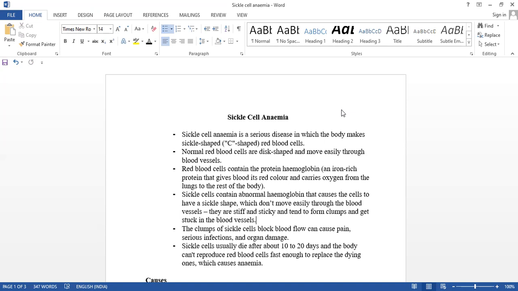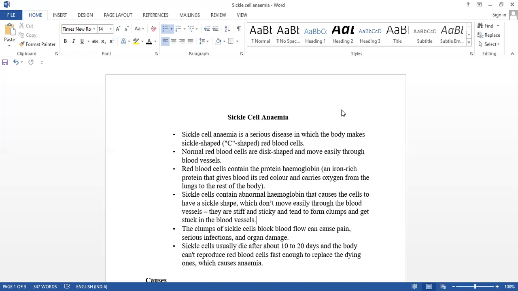The red blood cells contain what? Hemoglobin. Hemoglobin is an iron-rich protein. That's why it gives the red color to the blood. What is the role of the hemoglobin? It carries the oxygen and supplies it to the other cells and organs of the body.